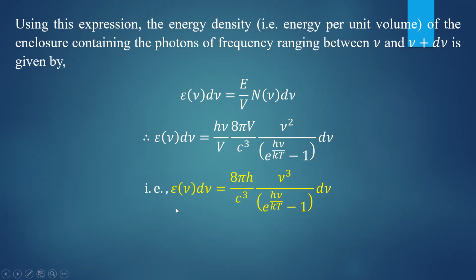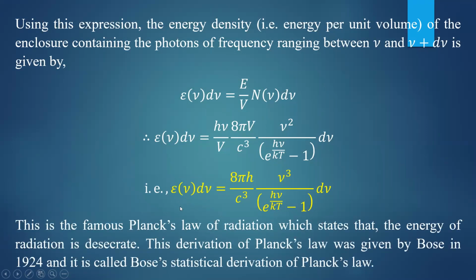So it says that this energy density of radiation is directly proportional to frequency cube. That is basically Planck's law of radiation. And also for higher frequency, the energy density is going to decrease exponentially.